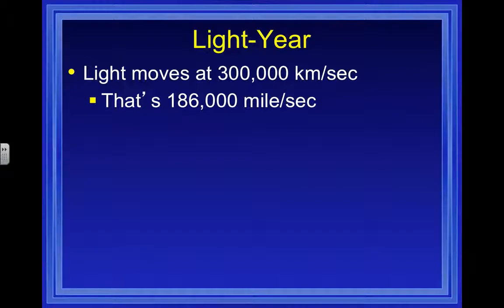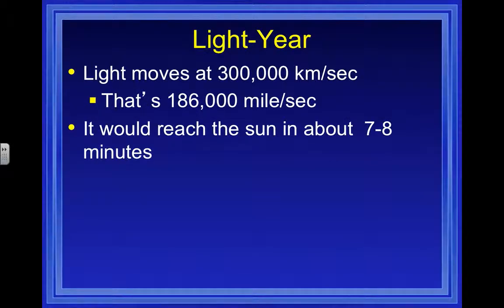That is fast, exceptionally fast. It would reach the sun in about 7 or 8 minutes. Whenever light passes from the sun to Earth, it takes about 7 or 8 minutes for it to get to us.